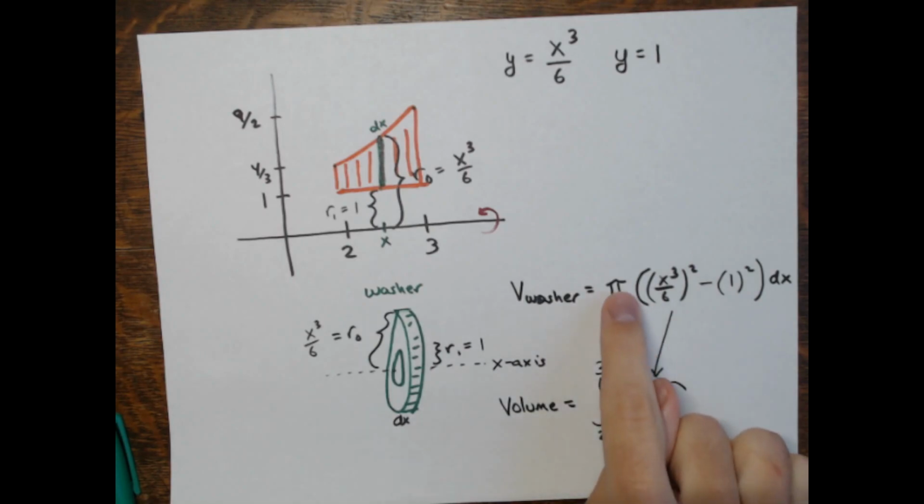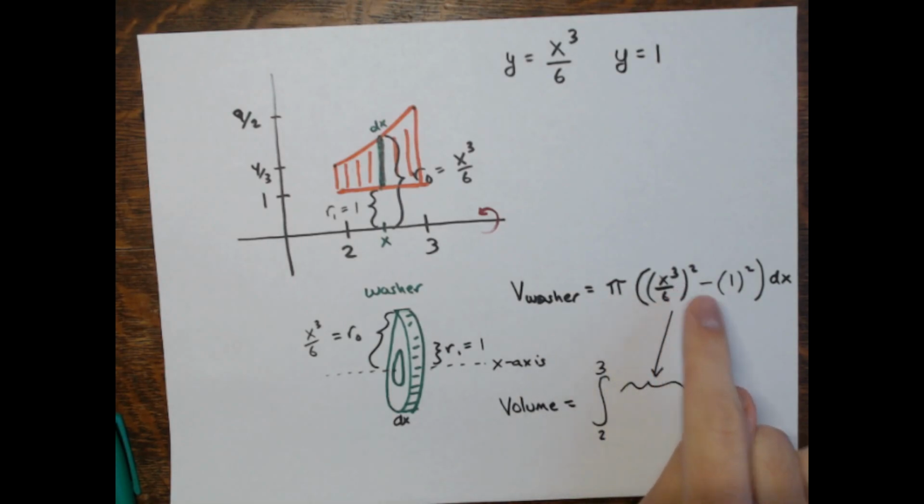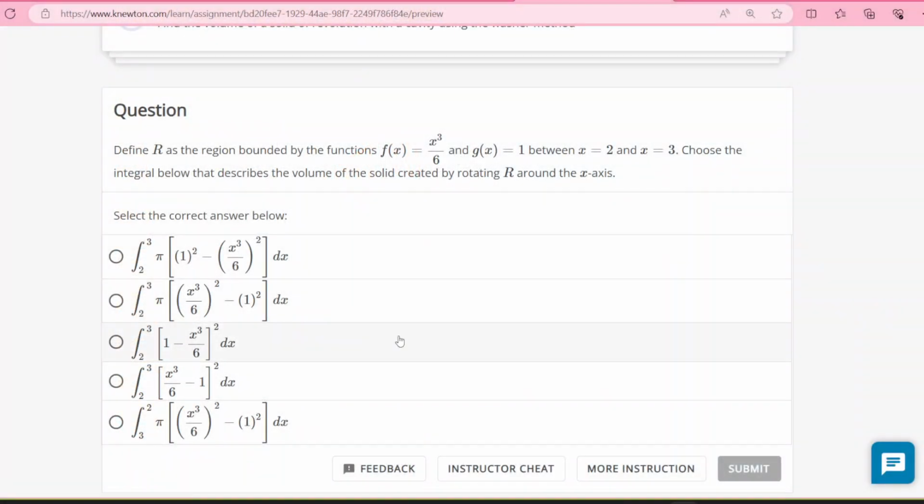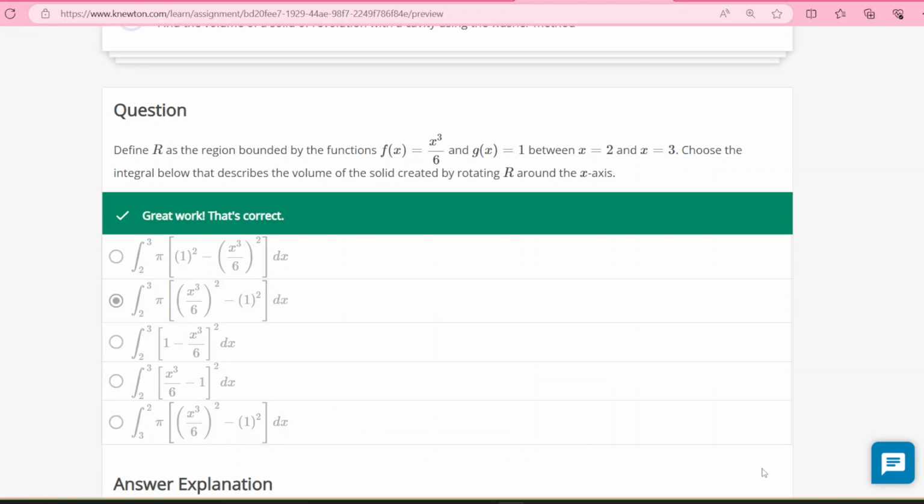Pi times x cubed over 6 squared minus 1 squared times dx. And that looks like this second choice here. From 2 to 3 of pi times x cubed over 6 squared, that was the outer radius squared, minus 1 squared, the inner radius squared, and then times the thickness. Great.